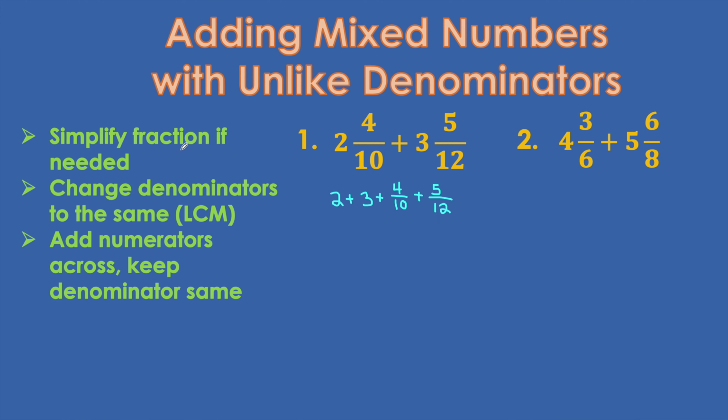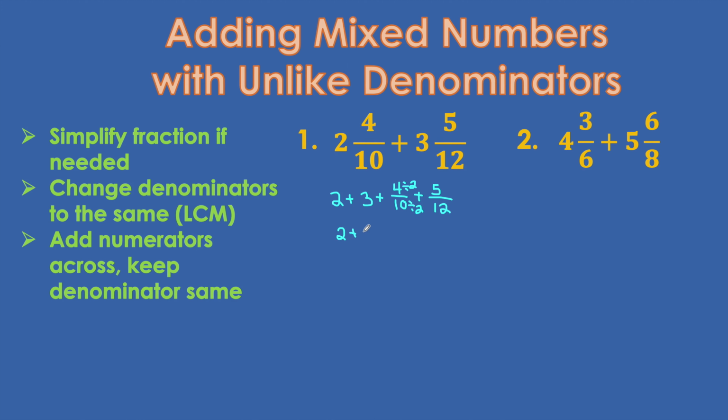So first, we can simplify the fraction if we need to. See if any of these fractions can be simplified. This first one can. We're going to divide top and bottom by 2. You don't have to simplify the fraction, but I think it makes it easier.